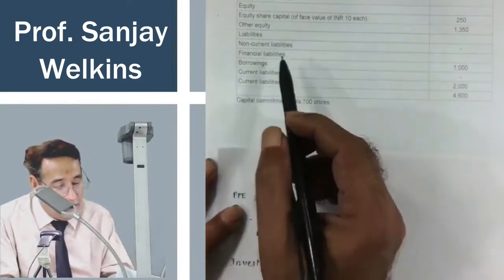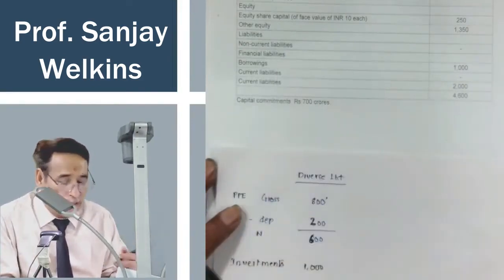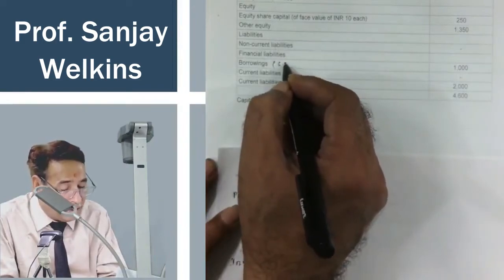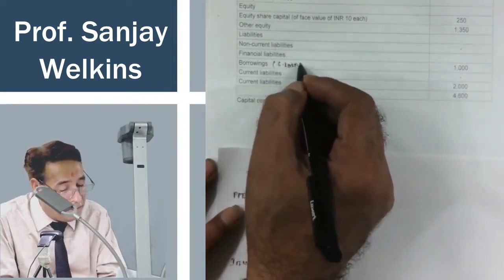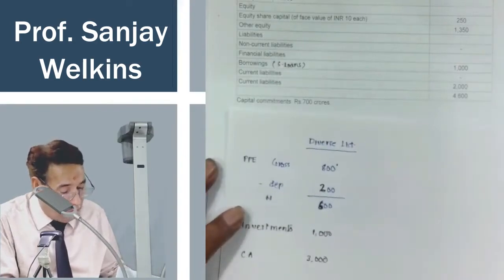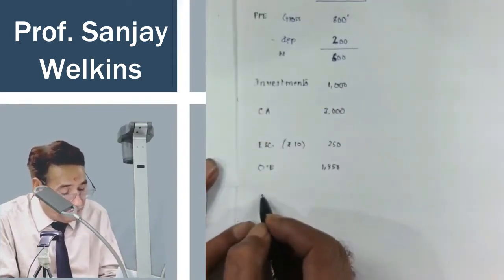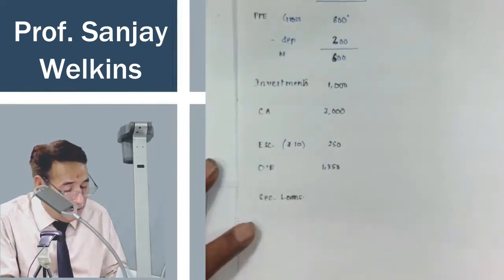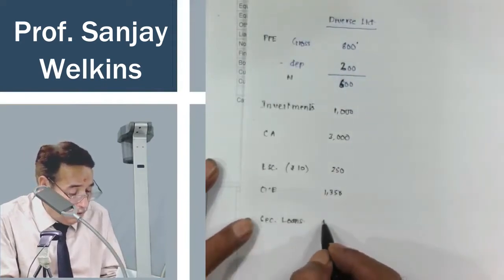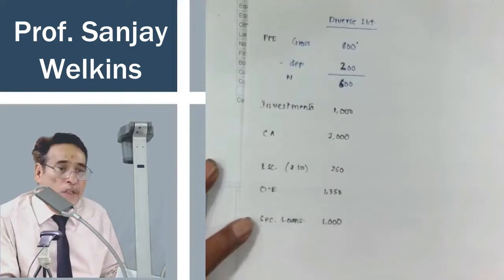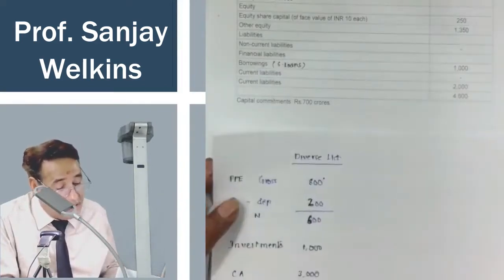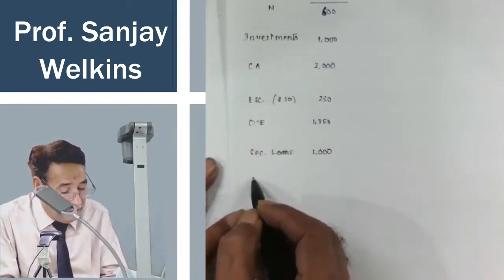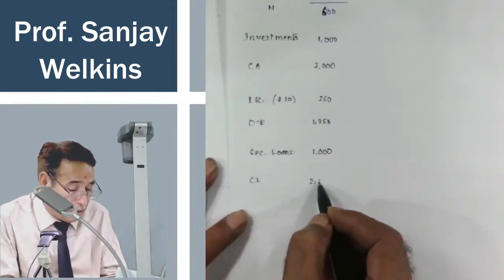Under non-current liability we write financial liability like borrowings, secured loans, etc. So secured loans you have been given to the extent of 1,000. Correct? Now we have current liability. Current liabilities are 2,000. This is the information with respect to Divers Limited.